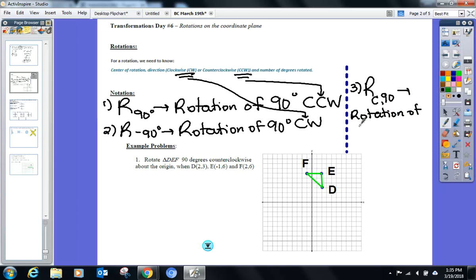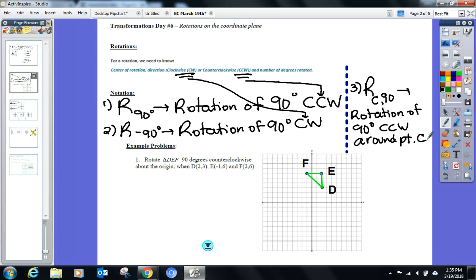Still a rotation of 90 degrees counterclockwise, but now it's around a point C that would be given to you. If no point is given, like in numbers 1 and 2 here, we assume it's around the origin, 0, 0. Okay? So those are the 3 different rotation notations you could see.